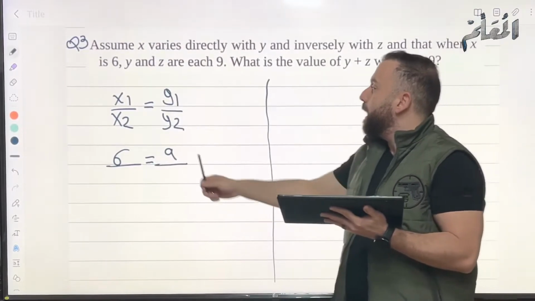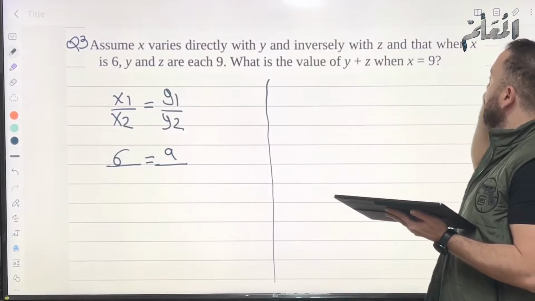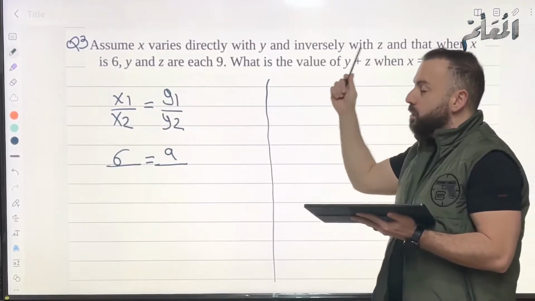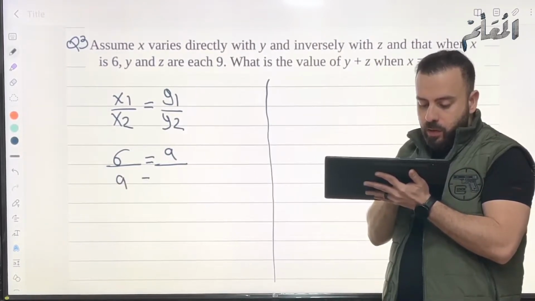And x2 is telling me that when x is equal to 9, I need to get y2.